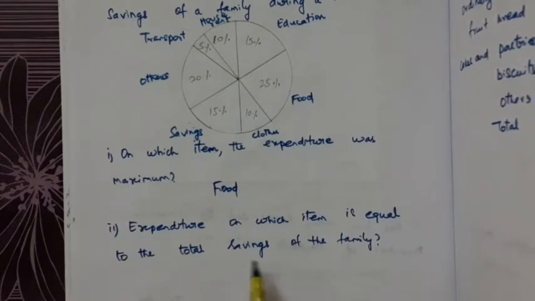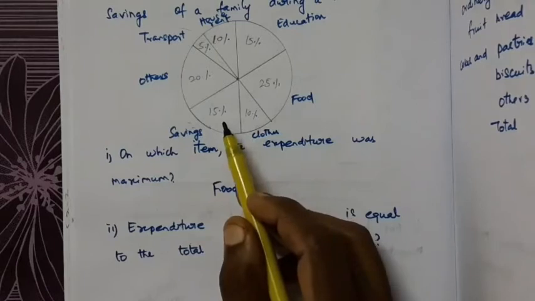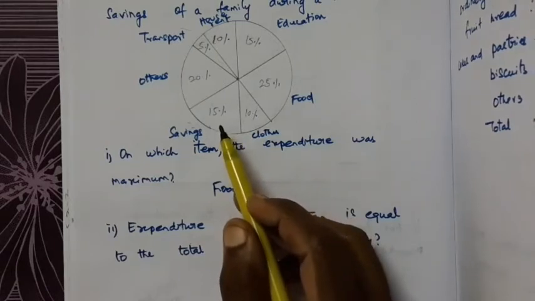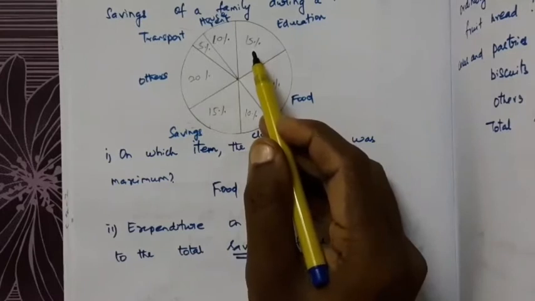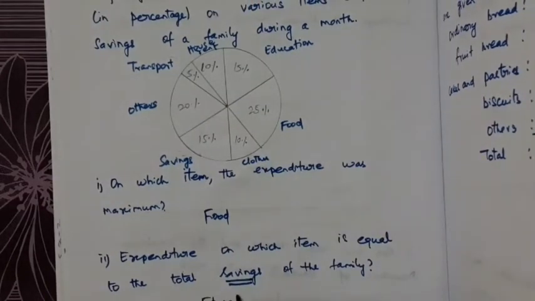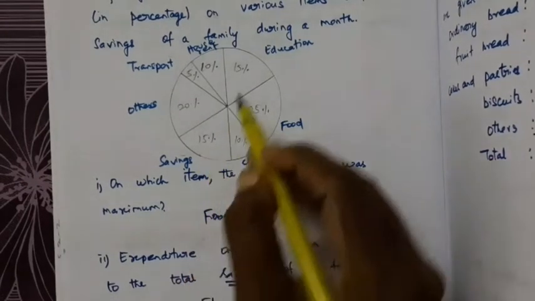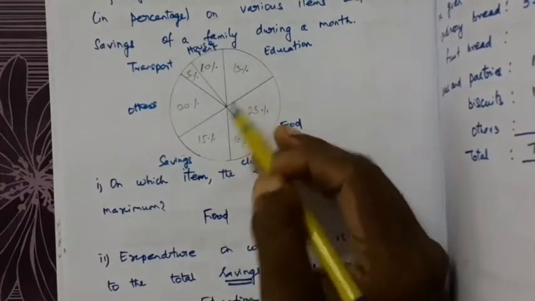So total savings of the family is 15%. Now I have to check where is another 15%. Here is another 15%. For education they are spending 15%. Okay, the expenditure on total savings and education are same. For both they are spending 15%.